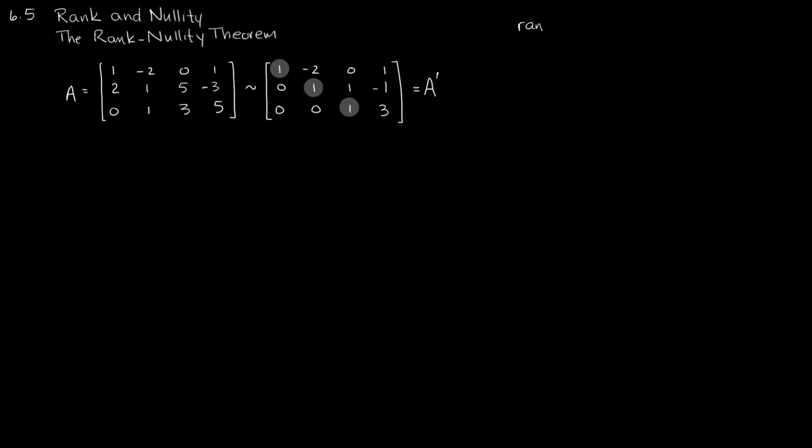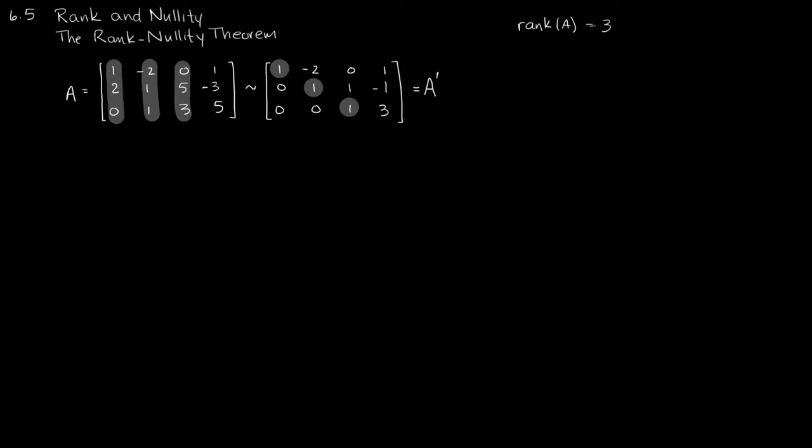The rank of A is the number of pivot columns. In this case, it's 3. If we take the pivot columns that we found in A prime, and we go back to the original matrix and find the corresponding columns, those 3 columns are linearly independent and they form a basis for the space that we're in.